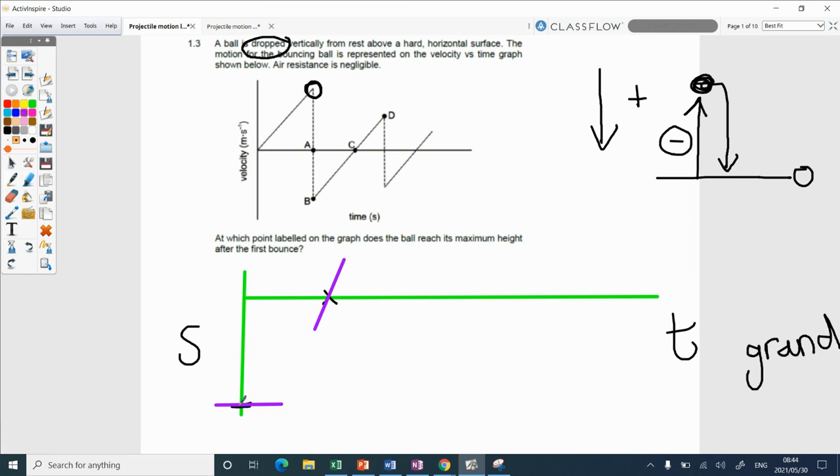So now you just know I need to go from flat here. When velocity is 0, that means flat, because the gradient of your displacement time graph must give you your velocity. Remember those graph things. Displacement time gradient gives you velocity. Velocity time graph gradient gives you acceleration. You guys are fine with that?